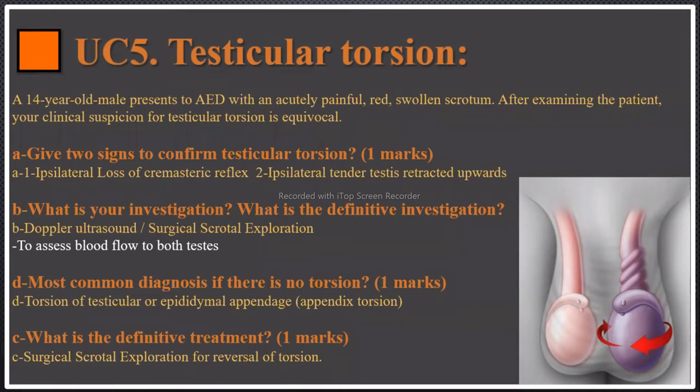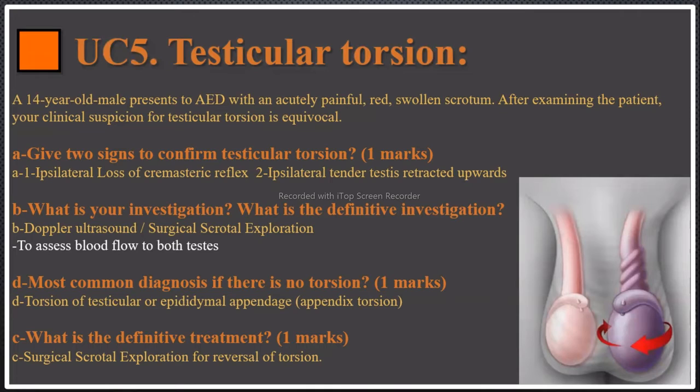Excellent. So here, equivocal, and the ultrasound did not give you any benefit. You still have suspicion, but the ultrasound is normal. So here you have to confirm, and you have to refer to a urologist.